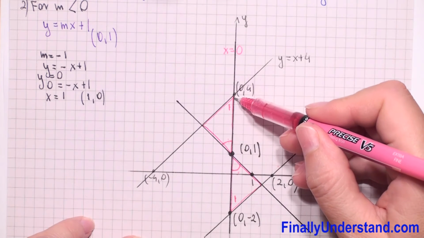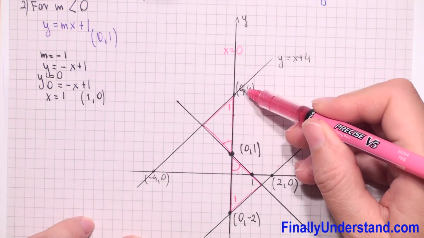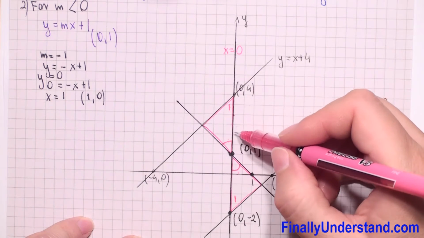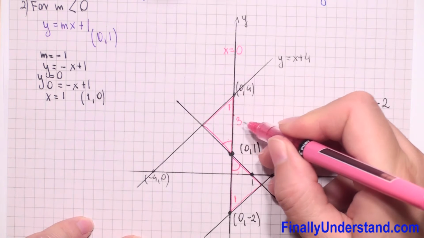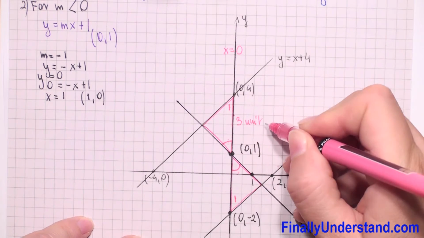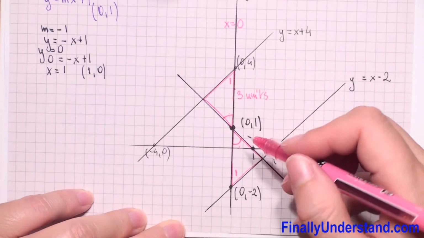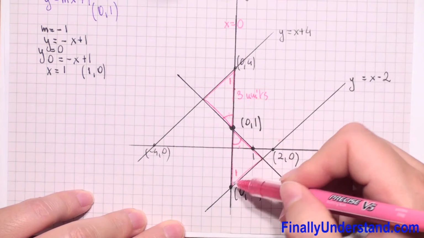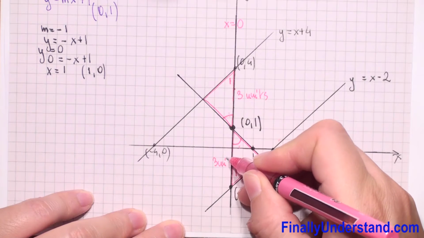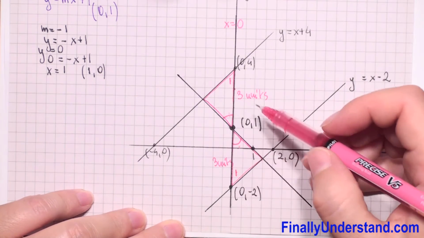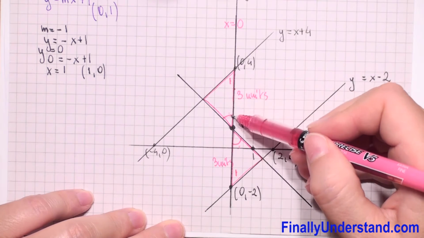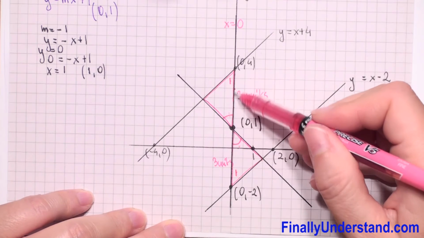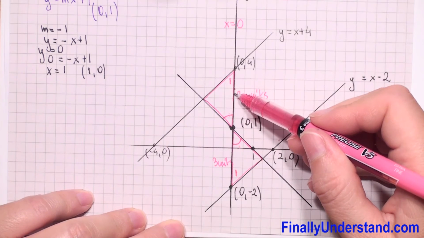And we can count, because this point is (0, 4) and that one is (0, 1). So this side has 3 units, and this side of our second triangle has 3 units too. We have 2 congruent angles, and the side between these 2 congruent angles is congruent.